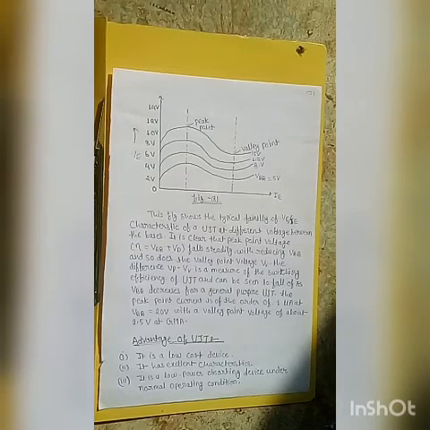For a general purpose UJT, the peak point current is of the order of 1 microamp at VBB equal to 20 V, with a valley point voltage of about 2.5 V.